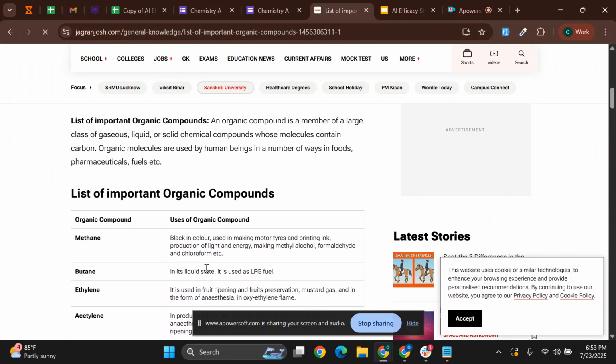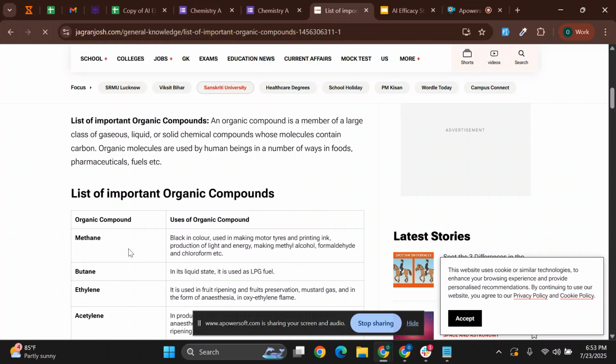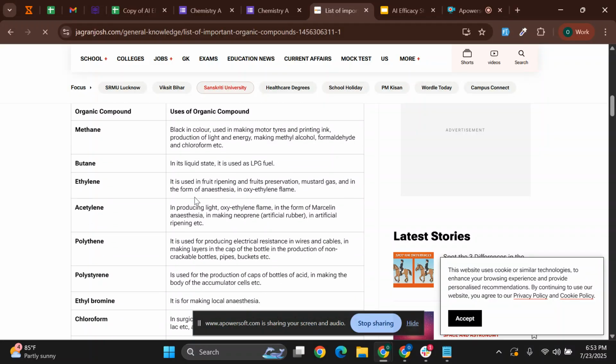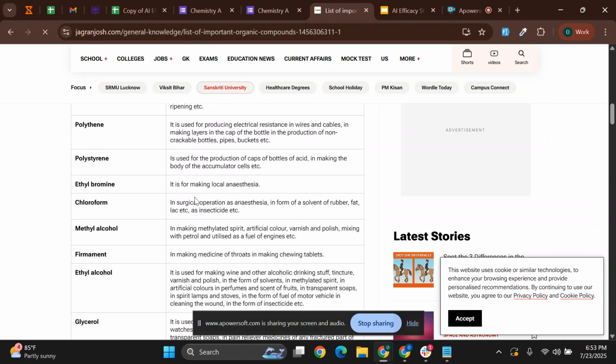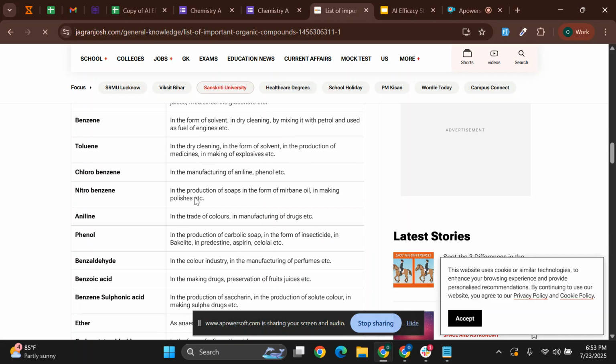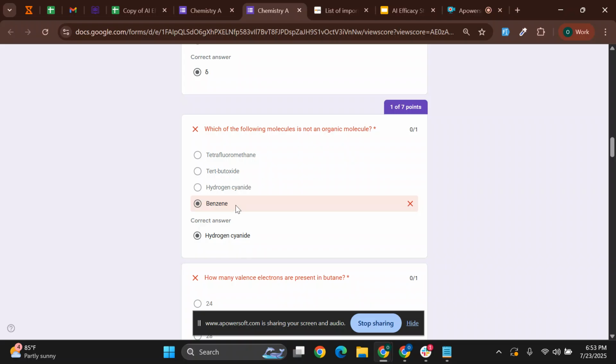Methane, butane is organic. Hydrogen cyanide. So I have to search for cyanide. Okay, cyanide is not. So the right answer is hydrogen cyanide.